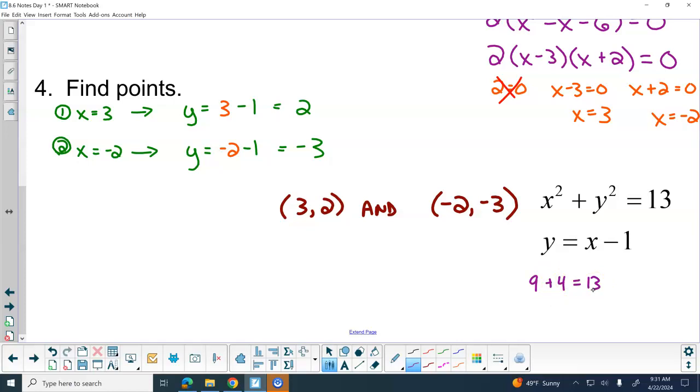So it works out in the first one. 2 is equal to 3 minus 1. 3 minus 1 is 2. That one works out. So 3 comma 2 checks out.